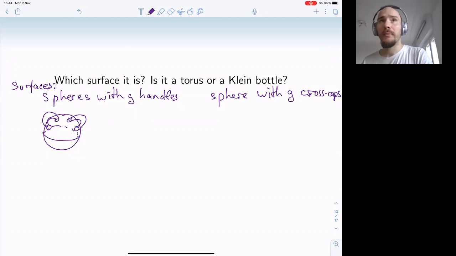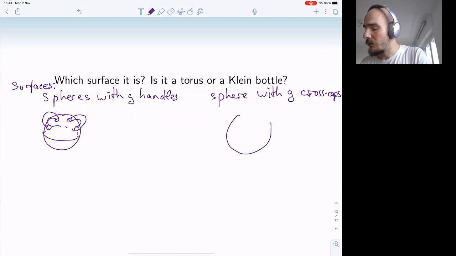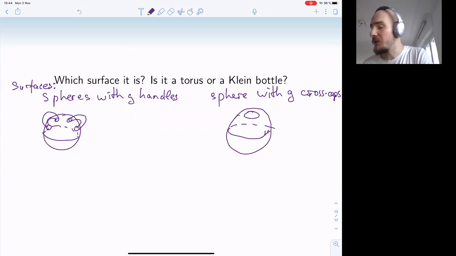where this cross cap, what does it mean? So we have our sphere. We cut out a disk. So for one cross cap, we cut out a disk, and instead of this disk, we glue a Möbius strip to it. I don't know how to draw it, but there is no way to draw it in R3 in any case.